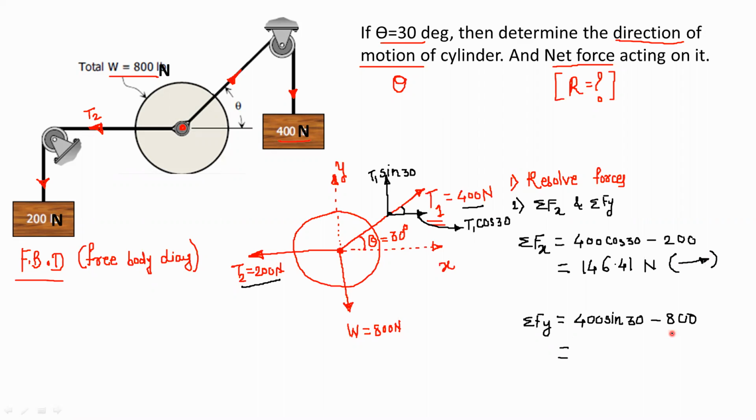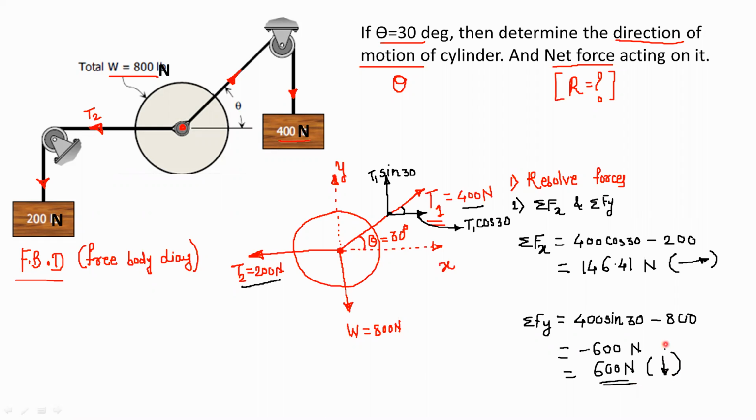For summation Fy, it is minus 600. Just cross check the answer. So minus means what? Your summation Fy is 600 Newton and it is acting in the negative y direction.